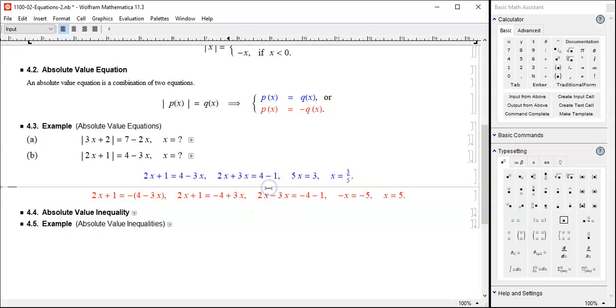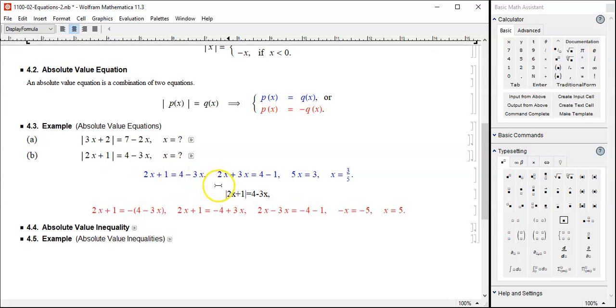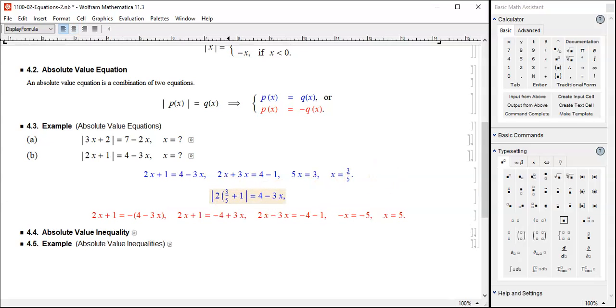Well, let's check. This one was 3/5, and that one was 3/5. Alright, let's do the computation.